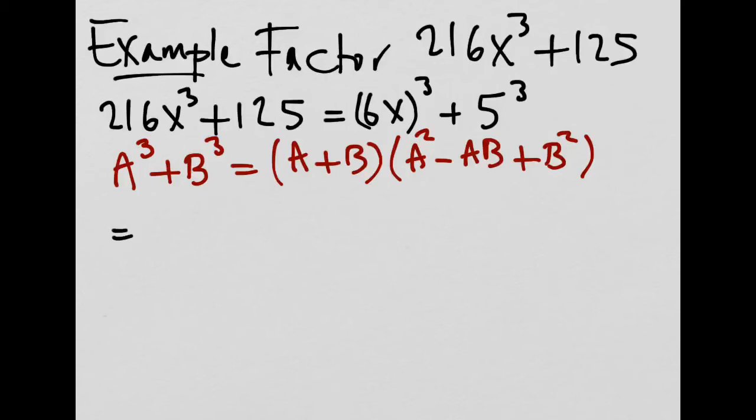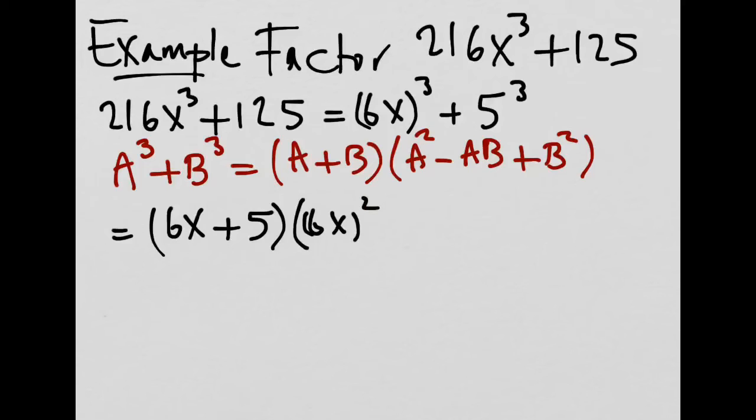So our factored expression becomes 6x plus 5 times 6x quantity squared minus 6x times 5 plus 5 squared.